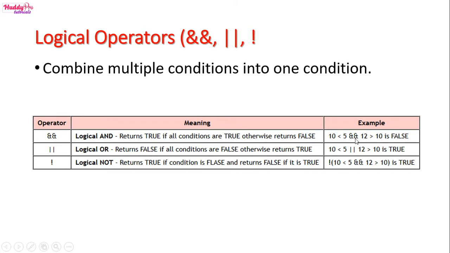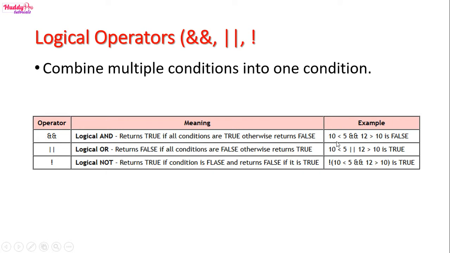For example, here you are seeing the logical AND operator, and these are the two conditions that we are comparing. So 10 less than 5, we first deal with this first condition. Is 10 less than 5? No. So meaning here we have false. What about here? Is 12 greater than 10? Yes, so this is true.